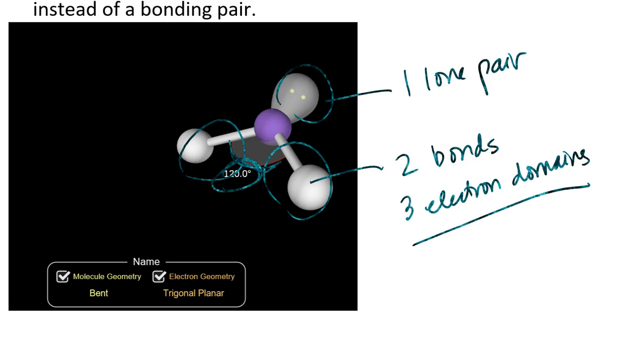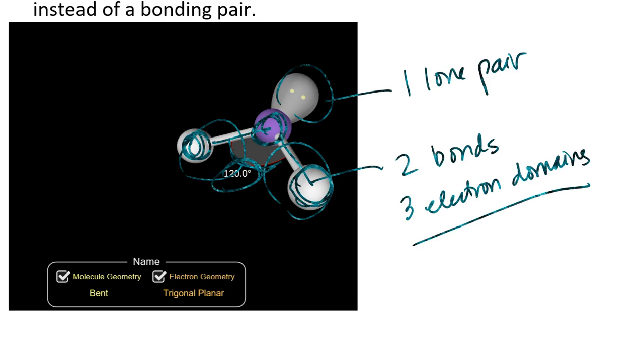But when we refer to the geometry of the molecule, it only depends on the actual presence of atoms at the ends of bonds. So basically it's this shape from the white atom to the central purple atom to the other white atom that's bonded on the other side that describes the molecular geometry.